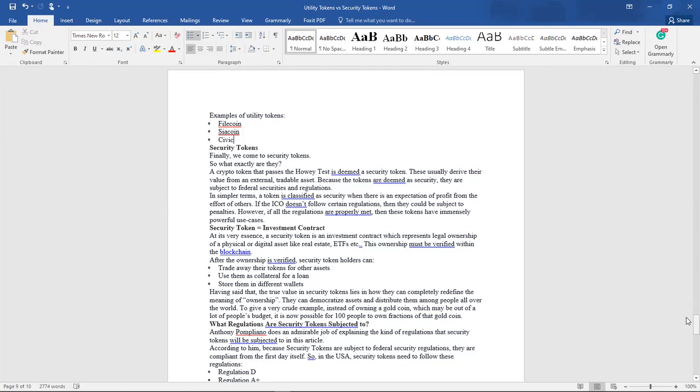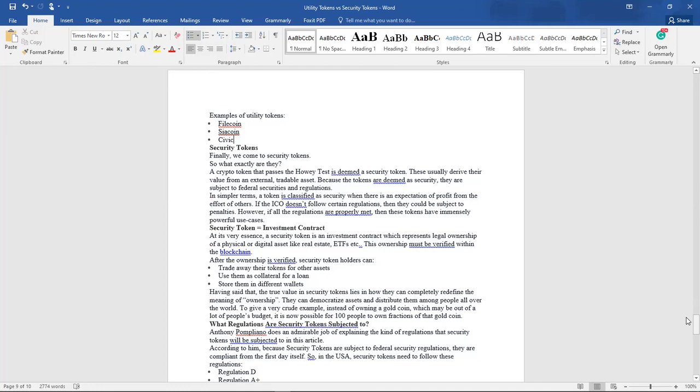A security token is an investment contract which represents legal ownership of a physical or digital asset like real estate, ETFs, and others. This ownership must be verified within the blockchain.